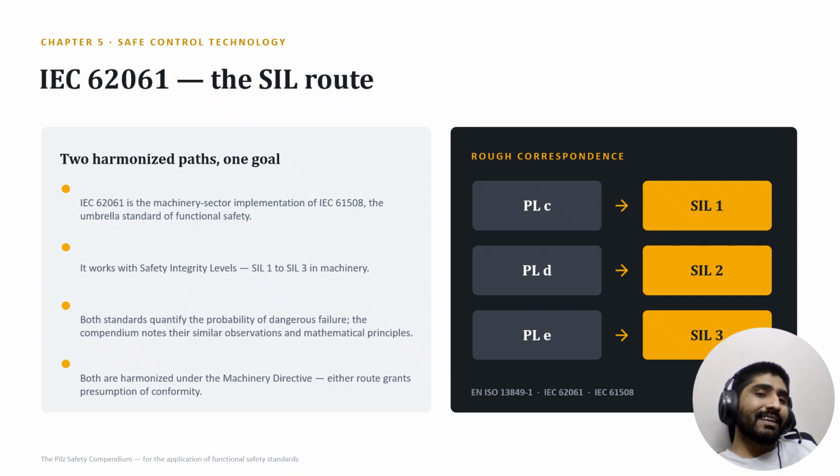Both standards are harmonized under the Machinery Directive, so either route grants presumption of conformity. In practice, the choice often depends on the technology involved and on company tradition.